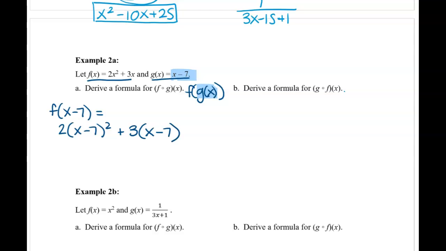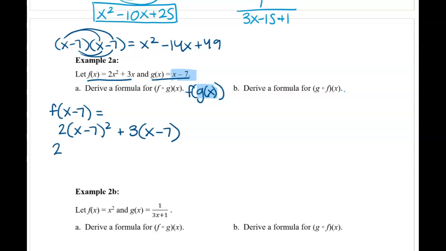X minus 7 squared is the same as x minus 7 times x minus 7, which is x squared minus 7x minus another 7x, so minus 14x plus 49.